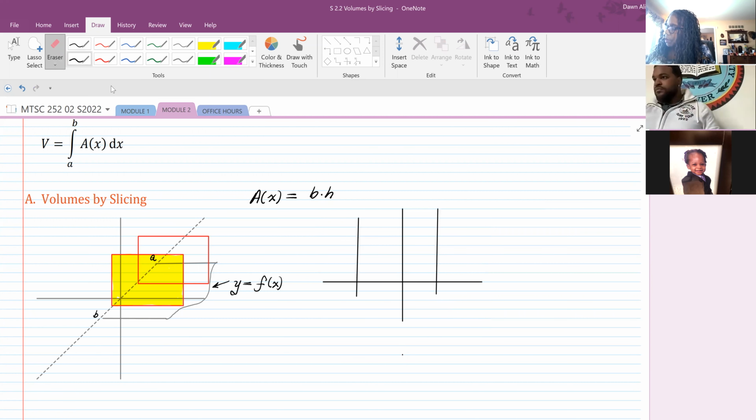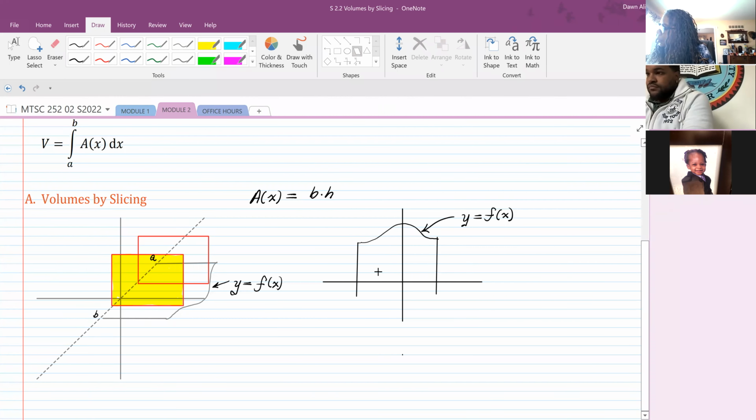And then here is the function y, so this is y is equal to f of x. And as you can see, I have this rectangle which is standing up in the air.